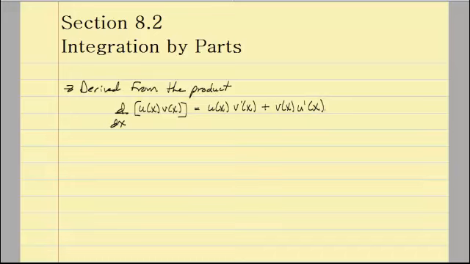So if you learn these with f's and g's, it's the same basic concept. Now from here, in order to derive the integration by parts formula, you integrate both sides. So when you integrate both sides, you're integrating this sum, and of course the integral of the sum is the sum of the integrals. And then what we look at is solving for this integral right here.